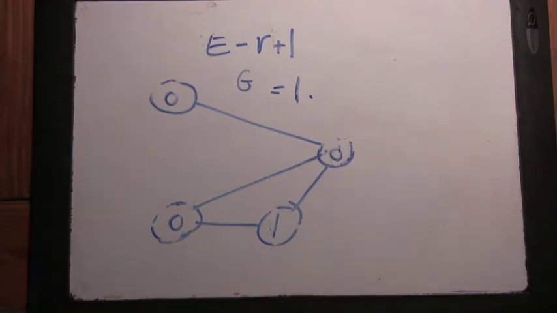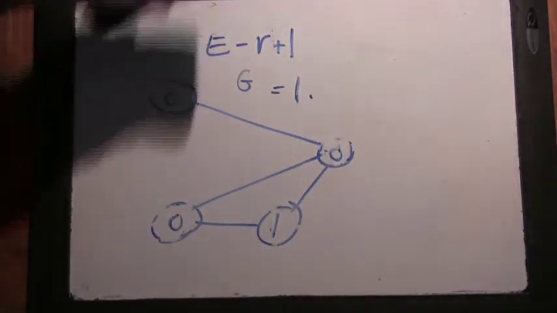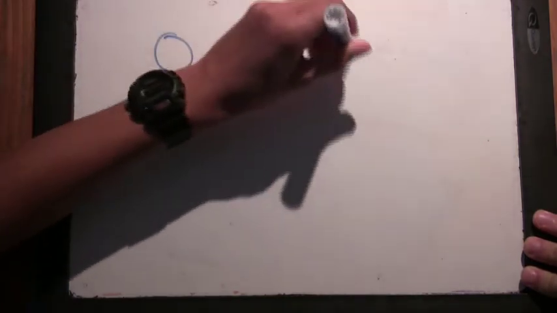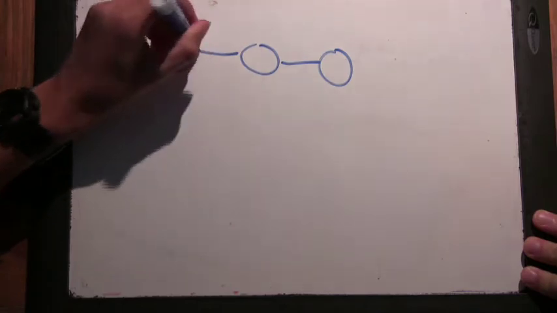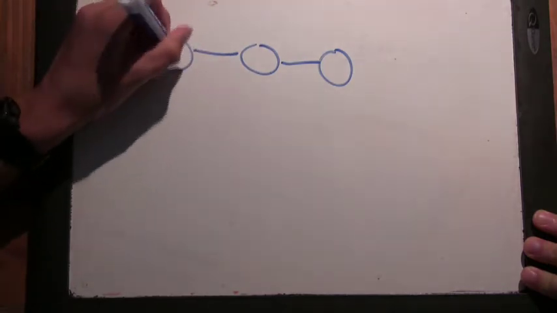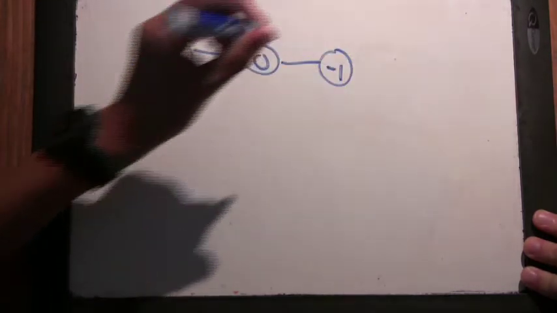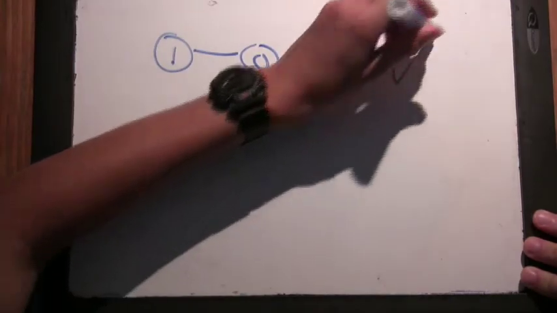Is there anything else you learned, or you haven't had a chance to say anything about the video yet? Well, it said that not all graphs with the same number of points are solvable. Like, they had an example where they had a graph like this, and it went 1, 0, -1, and this is solvable.